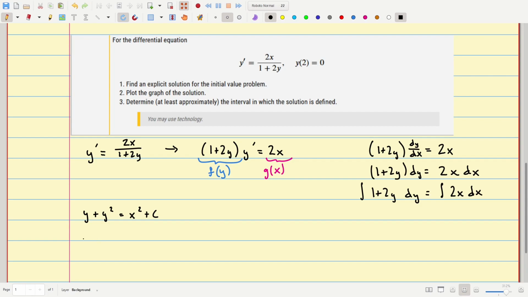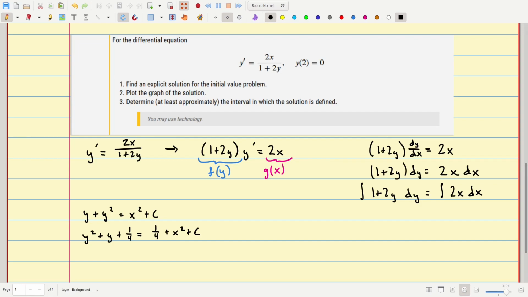And what we can do for this expression, because this is easy enough for us to be able to ultimately write this as a function of y, we'll go ahead and write out things like so, setting up a completion of the square.